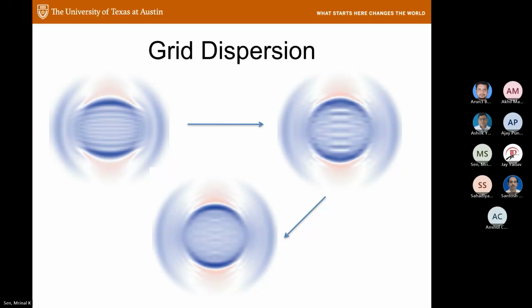As you go from left to right to the bottom, you can see a lot of ringing, and it reduces from here to here. So what has changed? This is for a fixed frequency, by which I mean in the time domain, the maximum frequency.